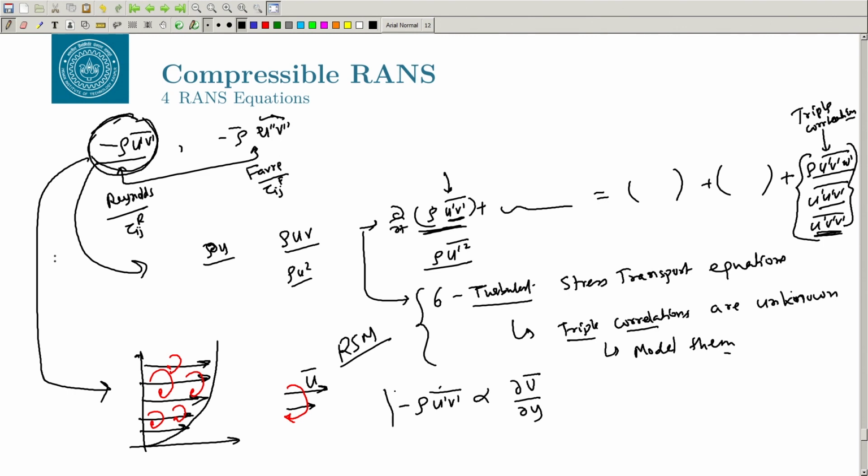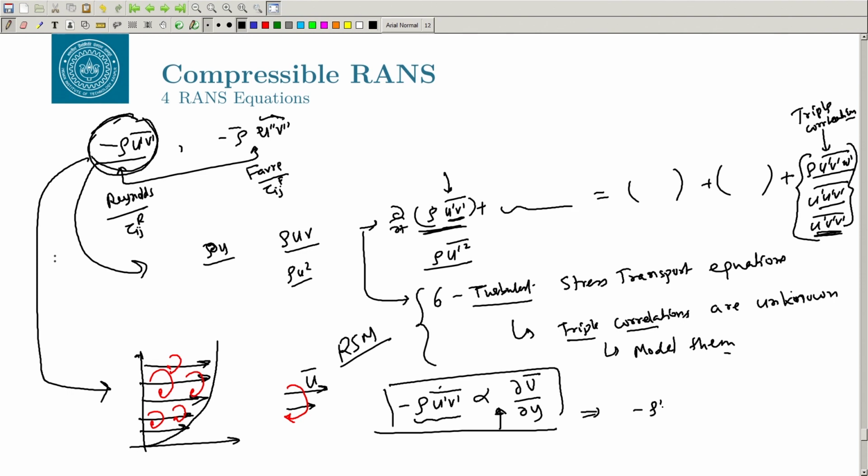If you make that assumption, then life becomes very simple, because right now I am talking about only u prime v prime bar, but you can take different flow components in the three dimensional flow, and the only thing that you need to determine is the proportionality constant. How is it related to the mean flow gradient? That proportionality constant is usually termed in the literature as the eddy viscosity or the turbulent viscosity.